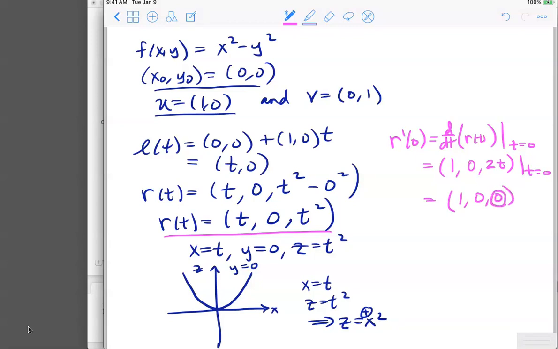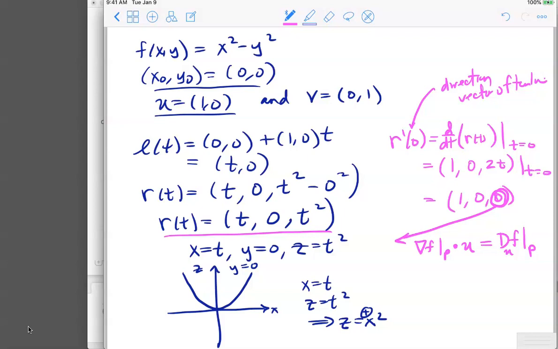And this 0 right here, we knew a shortcut way to figure out what that was. You could compute the gradient of the function at the point P dotted with the direction vector u, and that became the directional derivative in the direction u of the function f at the point P. And it was this r prime at 0 that was the direction vector of the tangent line.